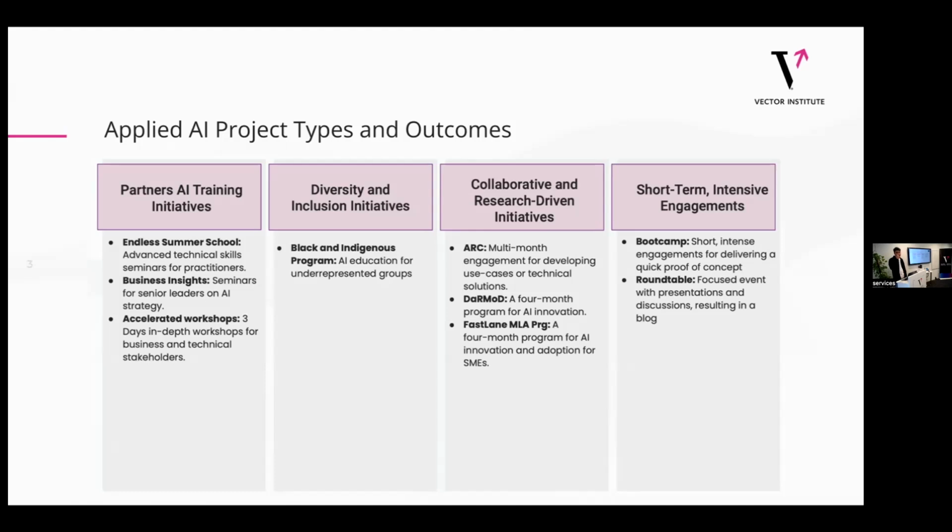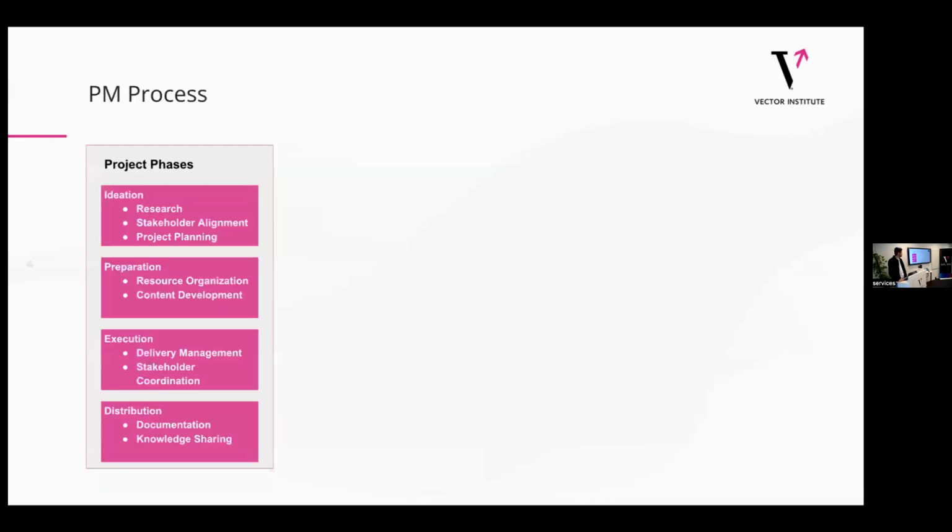So the point here is that we have many types of projects being handled by project managers, and a lot of different tasks need to be done for each of those projects. So the PM process, for each of those projects that we just saw, most of them at least have these 4 different phases: ideation, preparation, execution, and distribution.